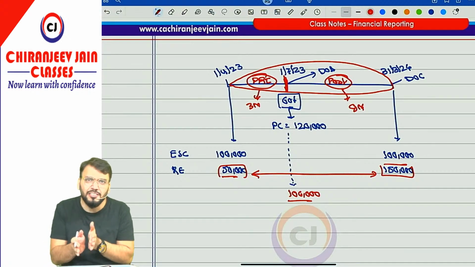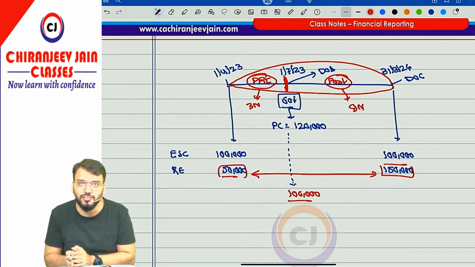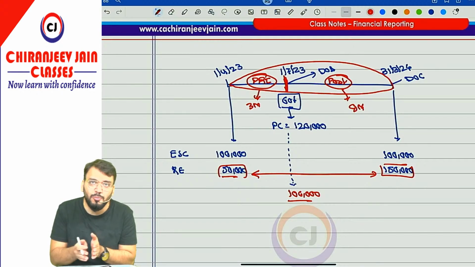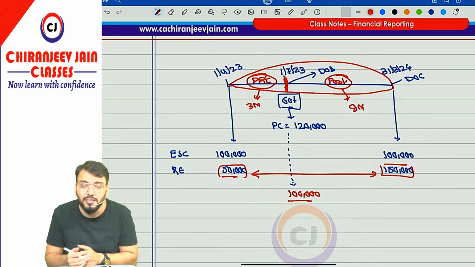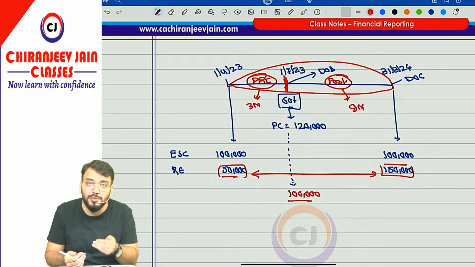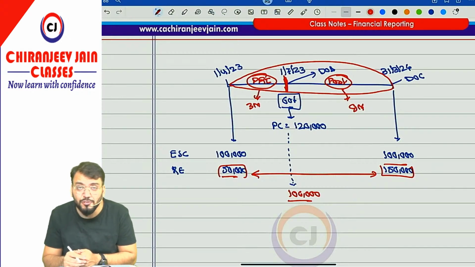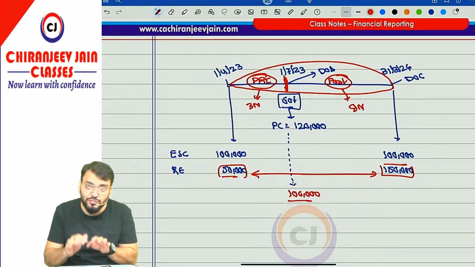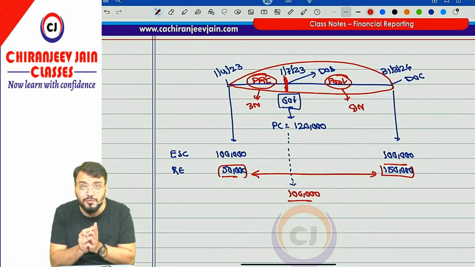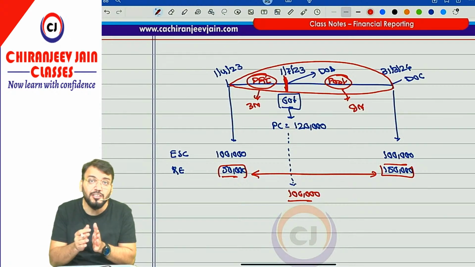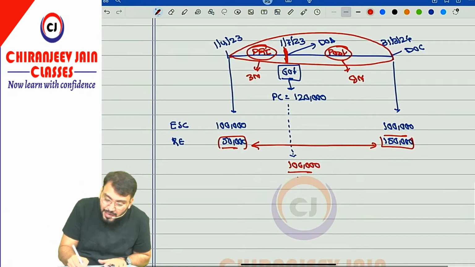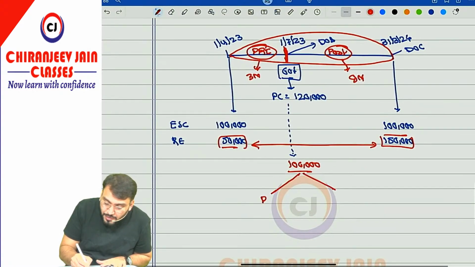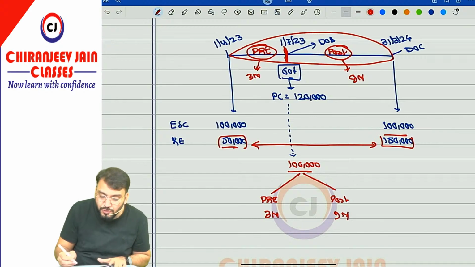Practically this should be allocated as per actual information, but from the examination point of view, the actual sales during the pre and post-acquisition periods are not given. So we'll assume that the profit earned is uniform. Therefore, this will be allocated to pre and post on a time ratio basis.